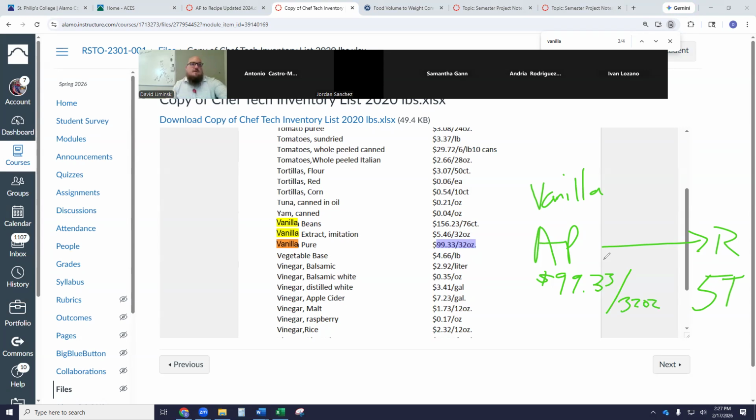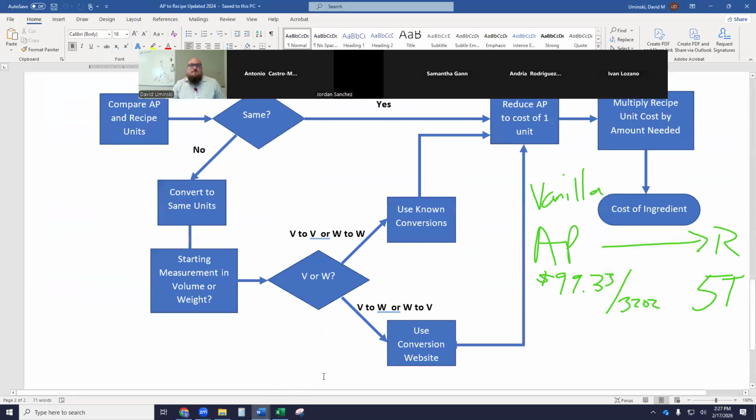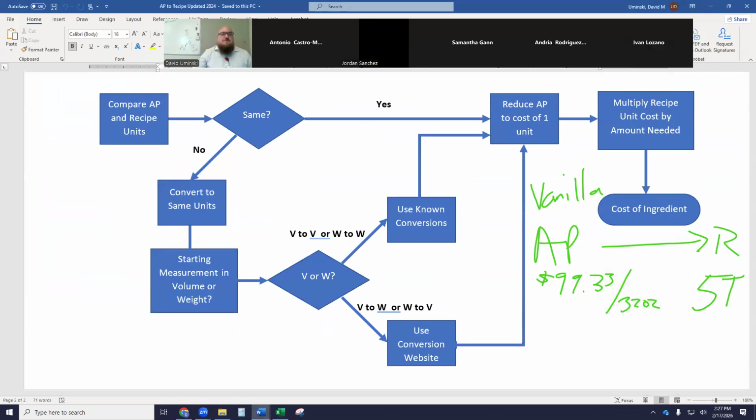Okay. So let's go through our flow chart. Number one, compare our units. Ounces and tablespoons, do they match? No, they do not. So we got to come down here.